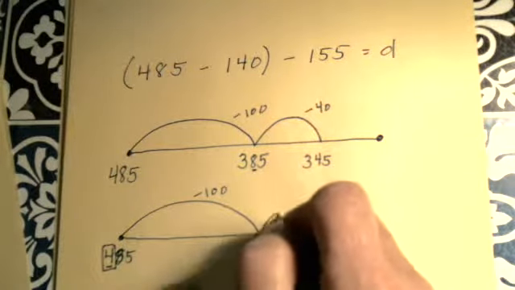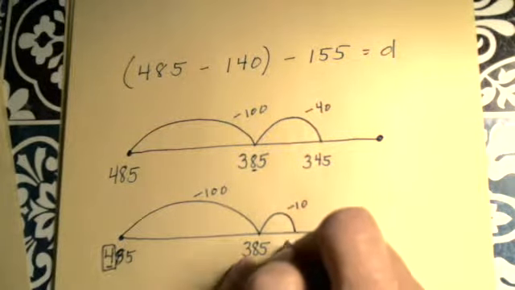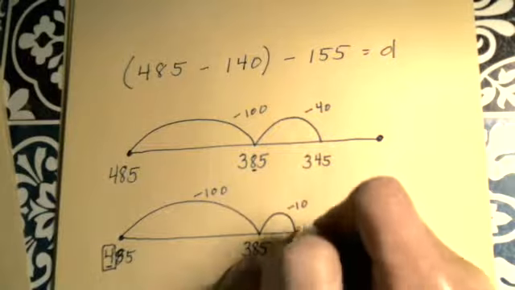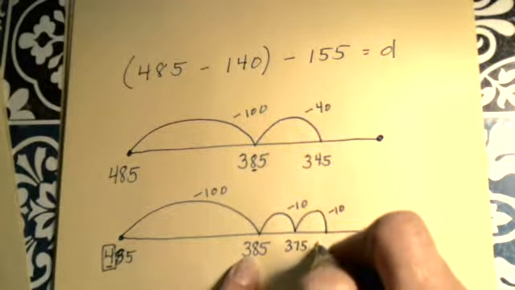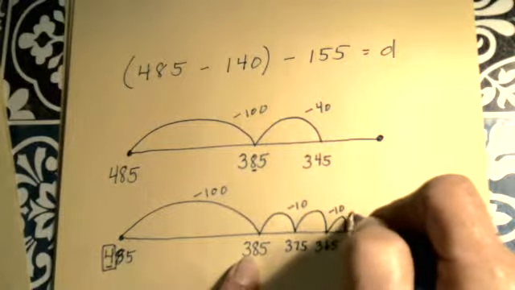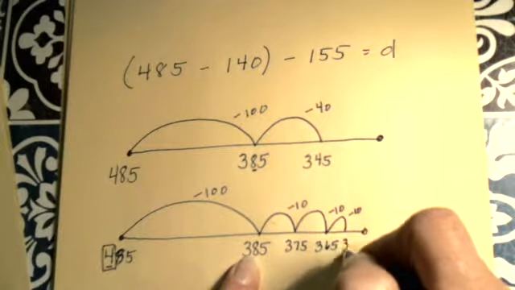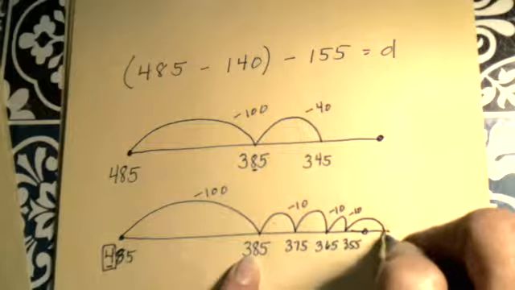So I'm going to do this. I'm just going to take away minus 10. That gets me to 375. Another minus 10. That gets me to 365. Another minus 10, 355. And apparently I should have left more room on my line.